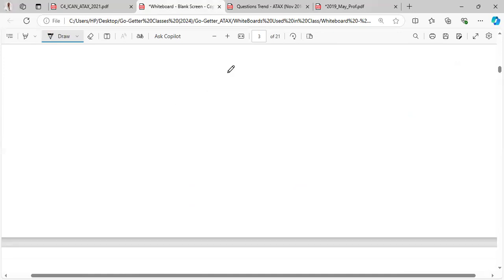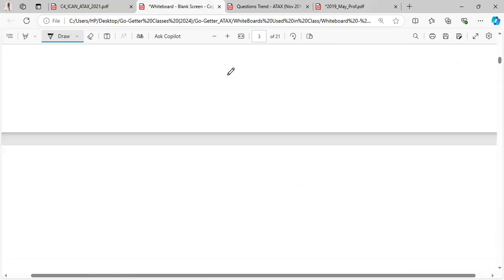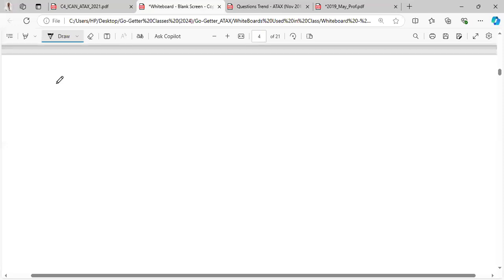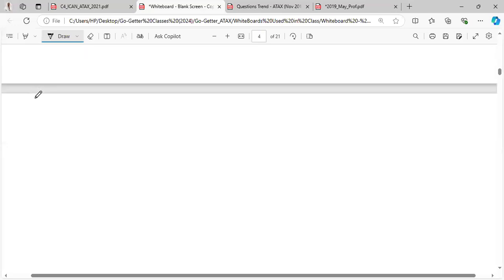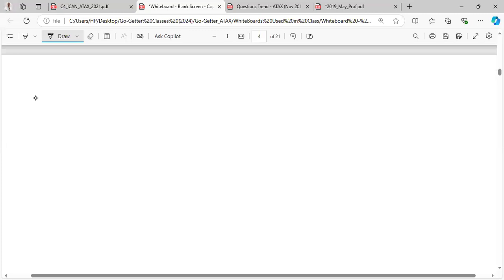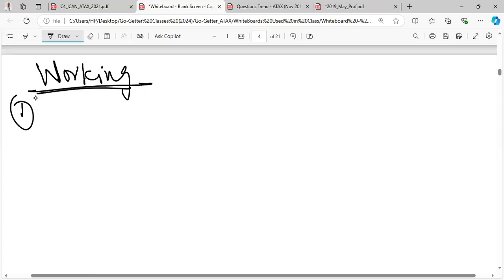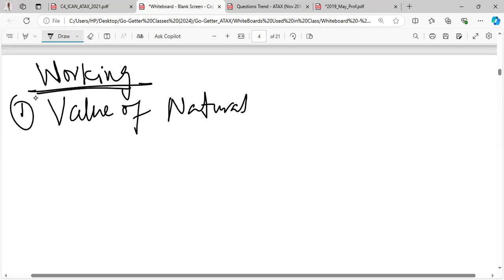Okay, let me do it from page 4. So I can come here and say workings 1. Value of natural gas.